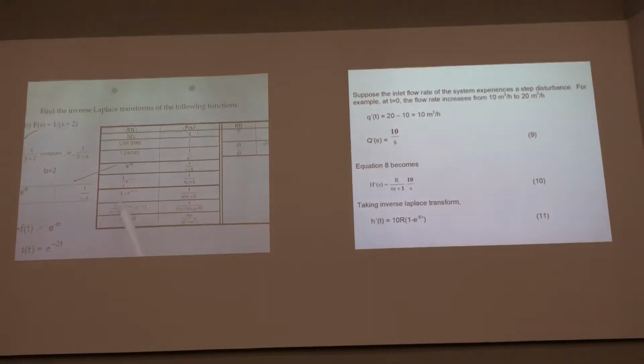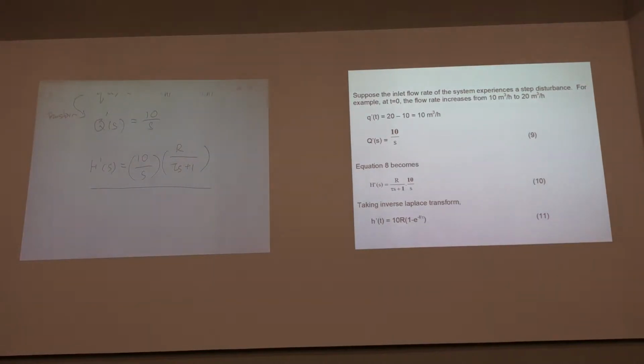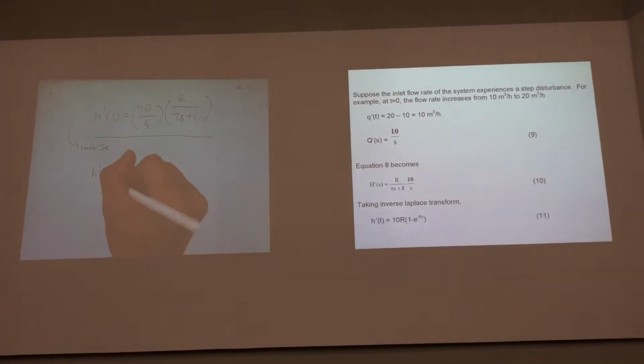When I transform, it becomes 1 minus e to the minus t divided by tau. So I should get this, but my 10R is a constant that I multiply to it. When I do the inverse, capital H becomes small h, the prime is always there, and S becomes t.